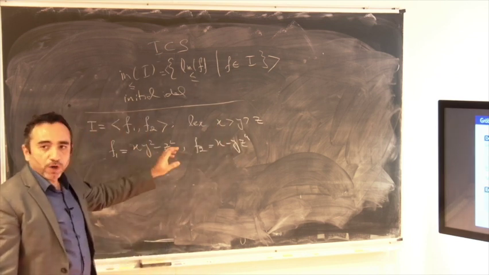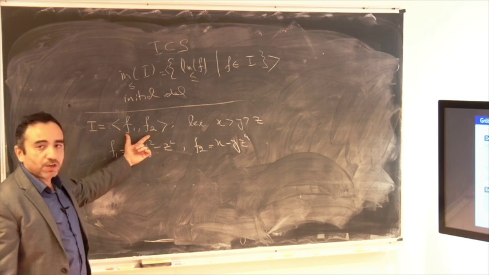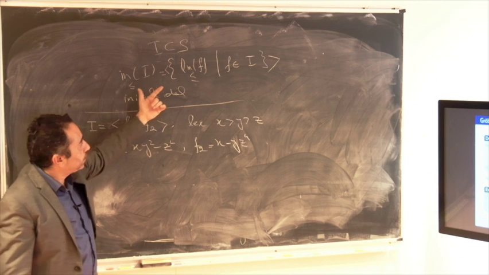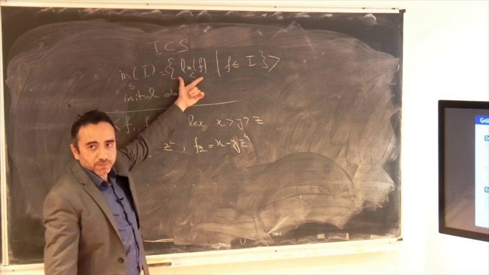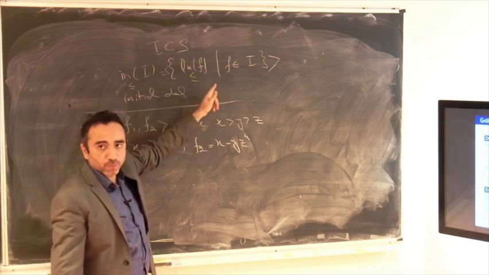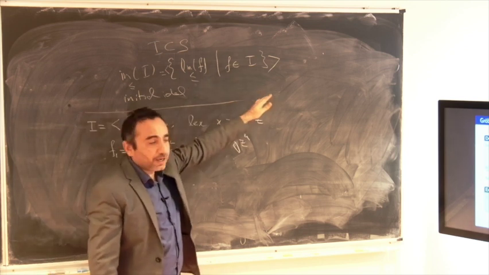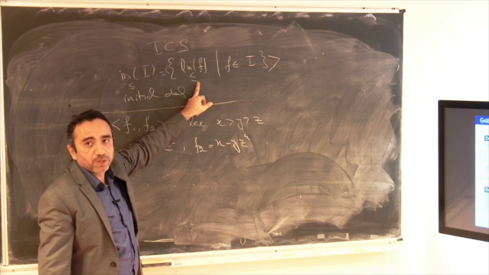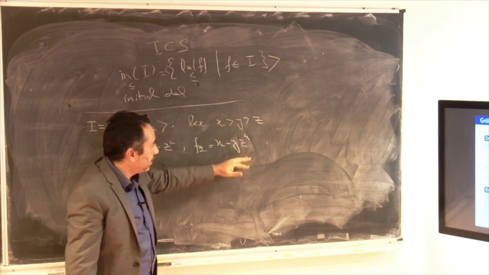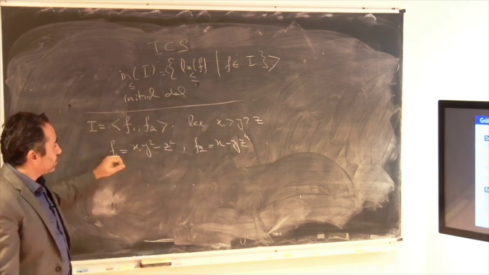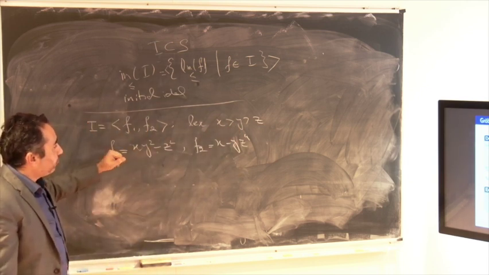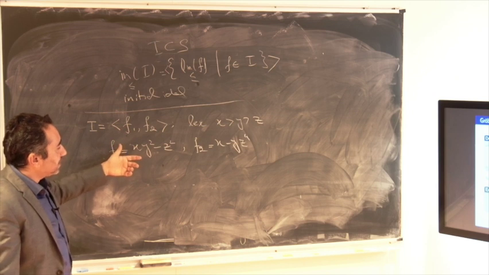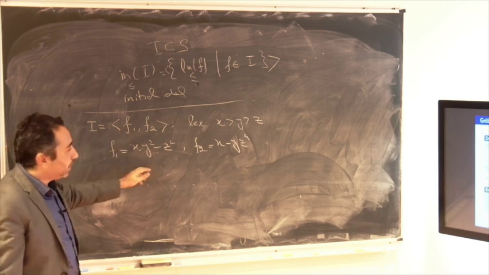If I want to compute the initial ideal of this ideal, we need the ideal generated by all polynomials belonging to that ideal. Also, you can see that this initial ideal is actually a monomial ideal, so it is generated by monomials. Now coming back to this example, suppose I just select the leading monomials of the generators only.